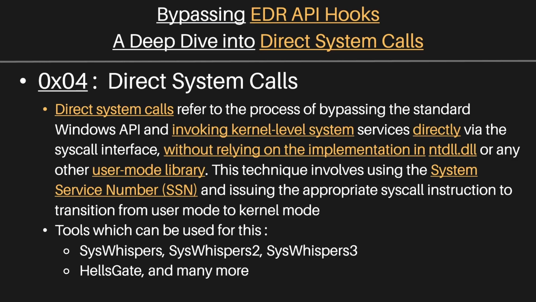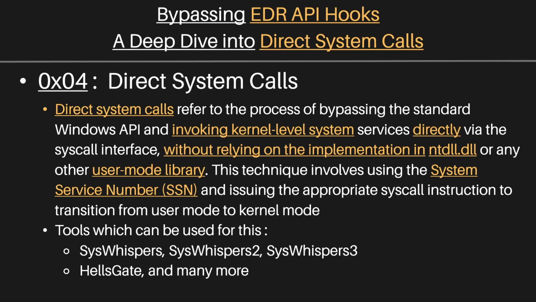This will bypass the EDR as we are not touching the hooked functions at all, and hence this, ladies and gentlemen, is what we call direct system calls, where we define our own syscall stub and directly invoke the kernel through the system call mechanism, which bypasses the user mode API layer completely.